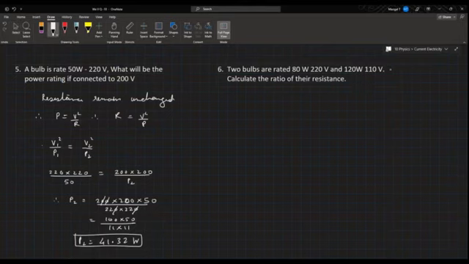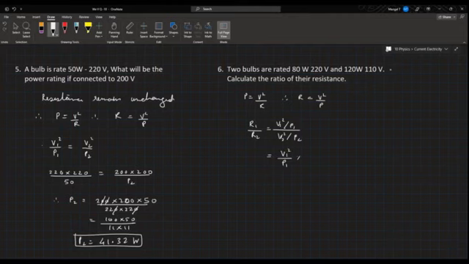So again, we will use the same formula. P is equal to V square by R. Therefore, R is V square by P. So R1 upon R2 is V1 squared P1, V2 squared P2. So what will I do over here?